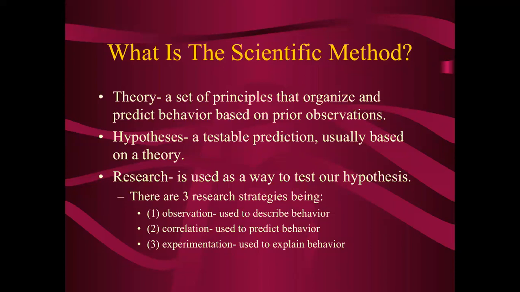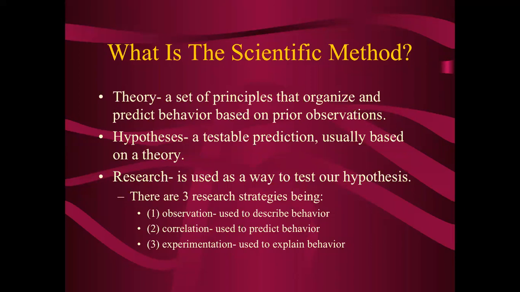Now, as I said, the research element is when we collect the data. The data, whether it be observational, correlational, or experimental, is how we test our hypothesis. And if the results of our data are consistent with our hypothesis, then our hypothesis is supported.